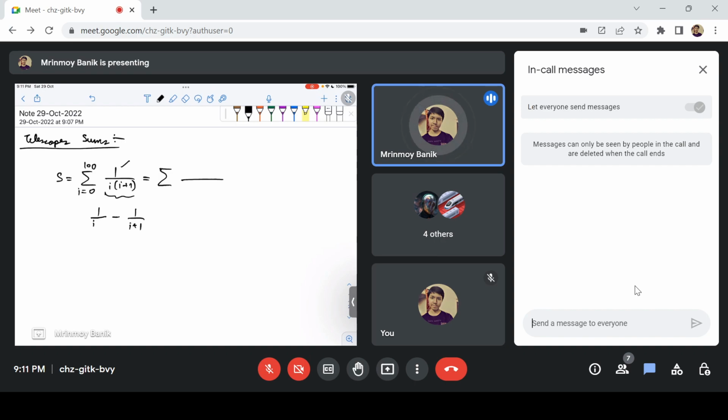So this 1 on the numerator, you write it as I plus 1 minus I by I times I plus 1. And then you distribute it. So you get I plus 1 by I times I plus 1 minus I by I times I plus 1, which is equal to 1 by I minus 1 by I plus 1.